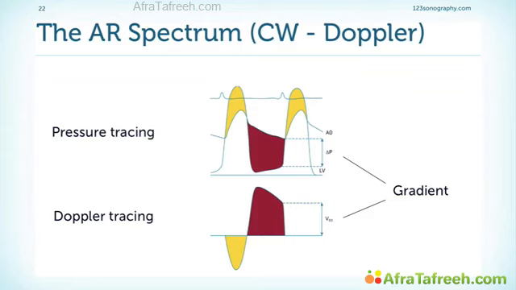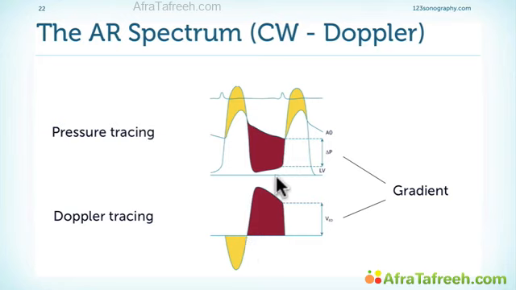There are other ways of also looking at the degree of regurgitation, and that is by looking at the spectrum. Let's go back to our pressure tracing we saw previously. We saw that there is a more rapid decline in pressure equilibration between the left ventricle and the aorta. This can also be seen in the Doppler spectrum.